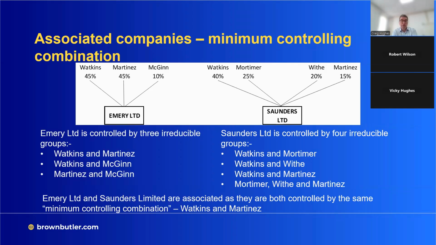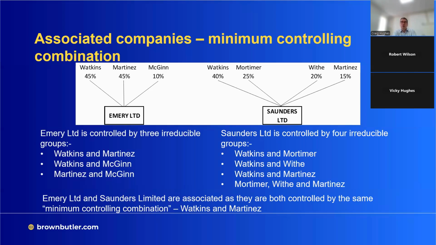It could be Watkins and Martinez, who would have 90% between them. Watkins and McGinn would have 55%, and Martinez and McGinn would have 55%. With Saunders Limited, there are four combinations of shareholders who could control that company. We have Watkins and Mortimer, Watkins and With, Watkins and Martinez, and Mortimer, With, and Martinez.